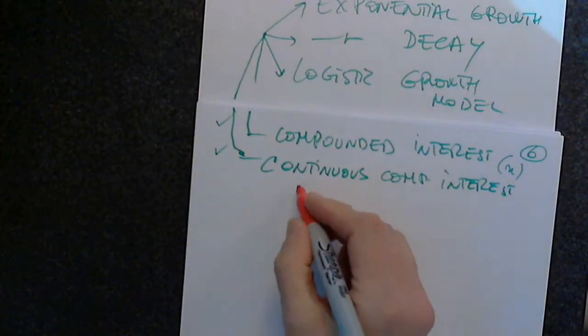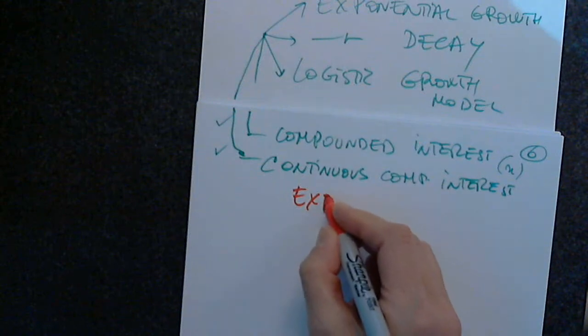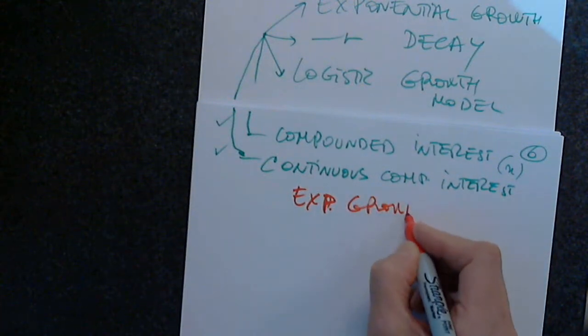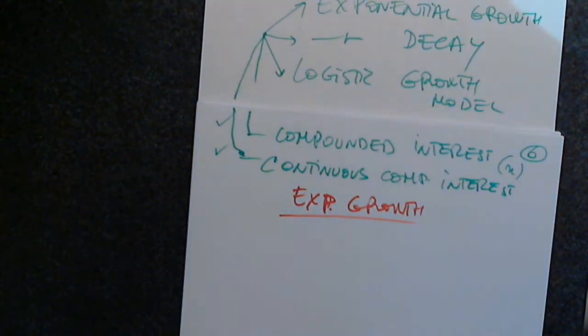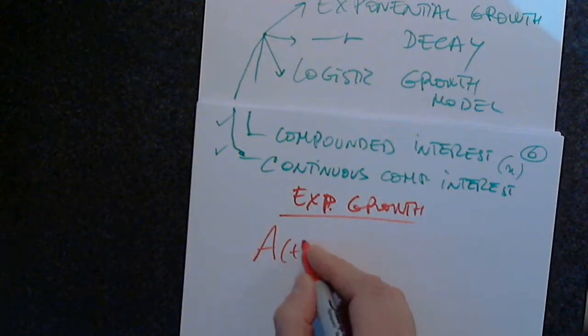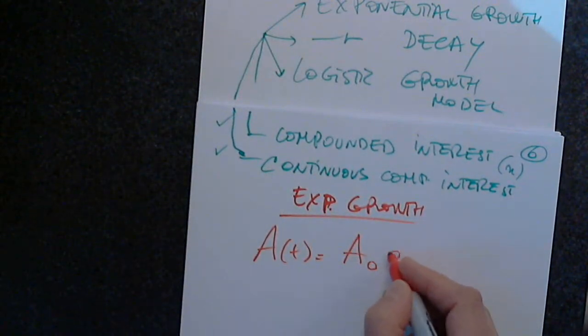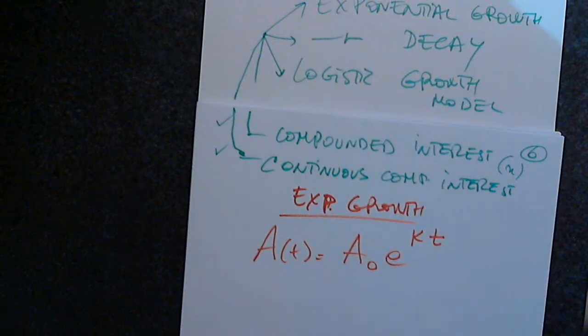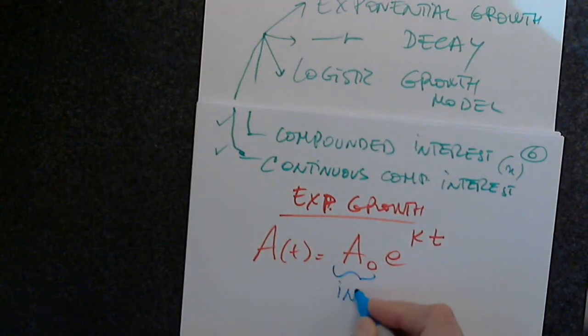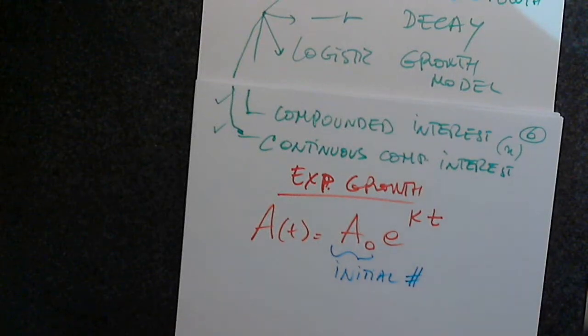Okay, so exponential growth. A of t equals A0 e to kt. Again, you don't have to memorize it. I'm just telling you what it means. It's very, very similar to continuous compound interest. This is the initial number.